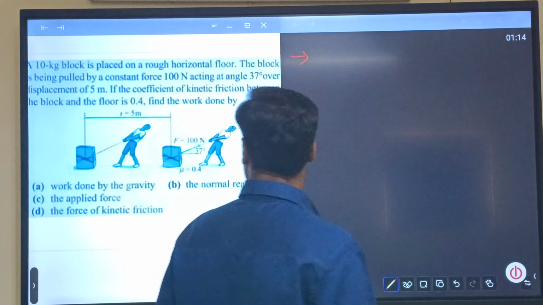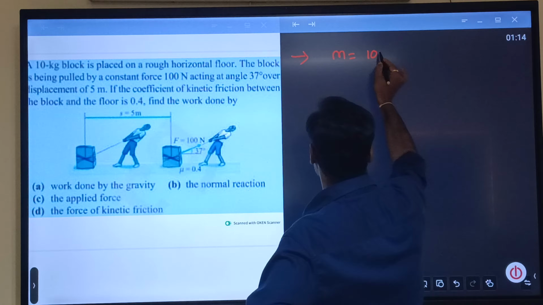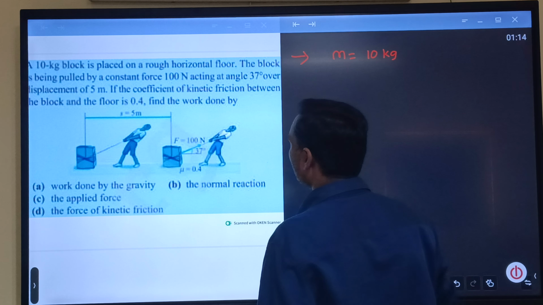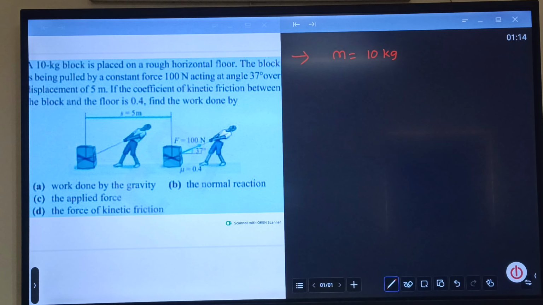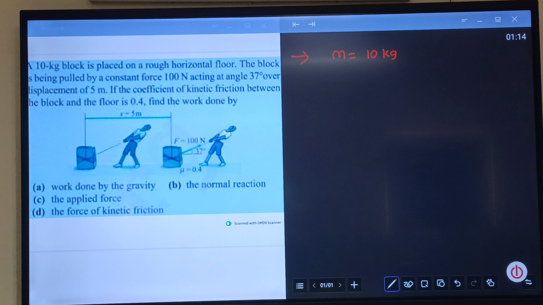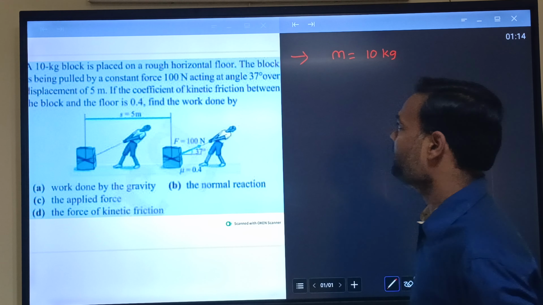See here, a 10 kg block is placed, m is equal to 10 kg. A 10 kg block is placed on a rough horizontal floor.